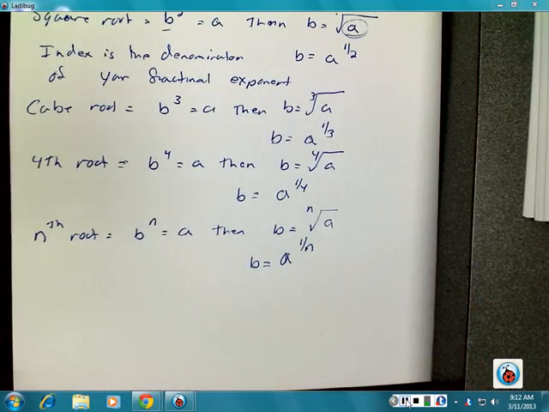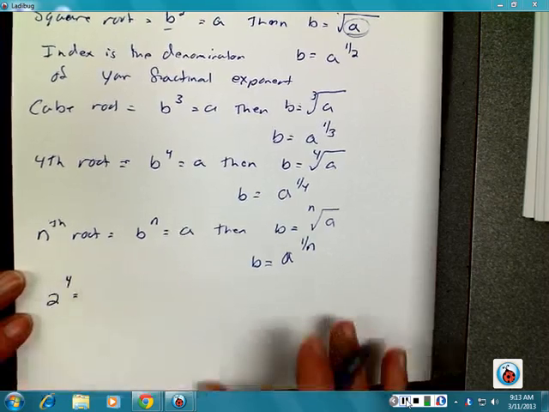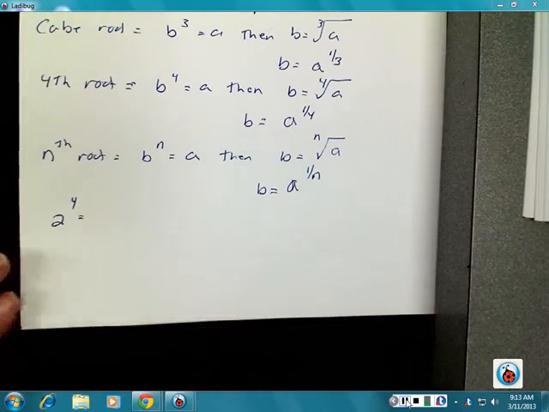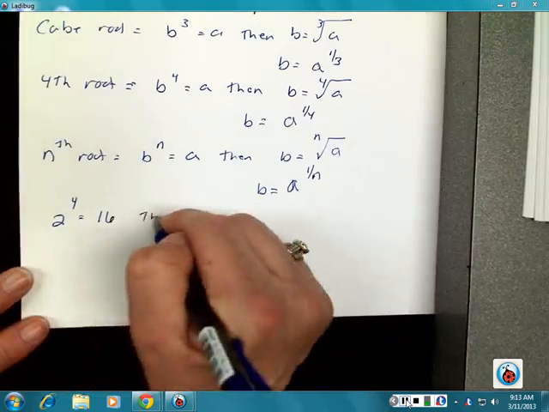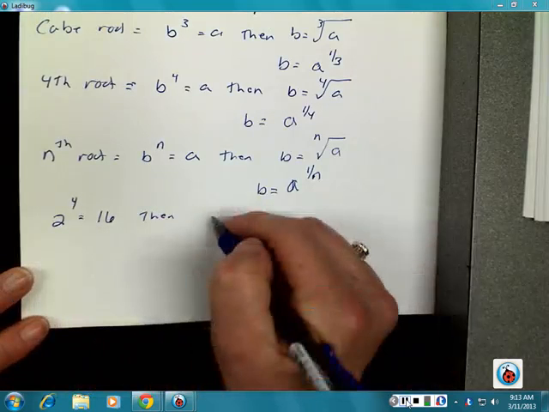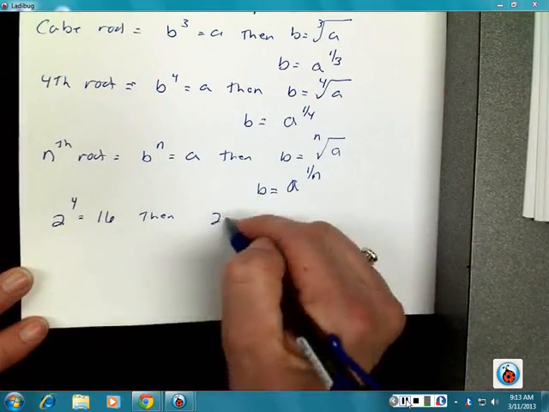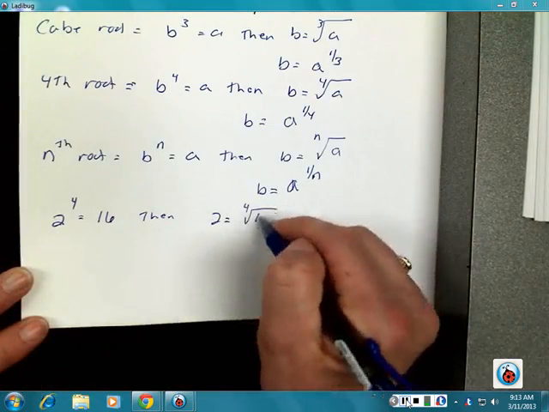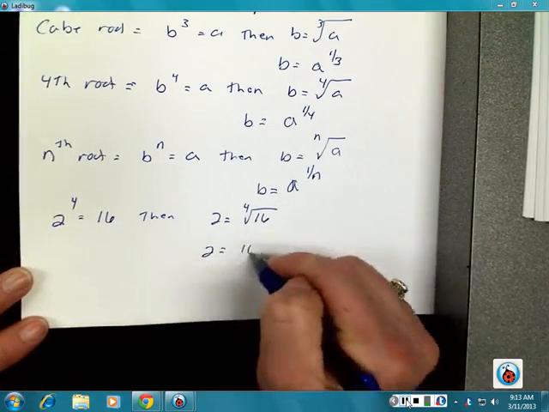So if we start sticking some numbers in here, and we say 2 to the 4th power is equal to 16, then 2 is equal to the 4th root of 16, or 2 is equal to 16 to the 1/4 power.